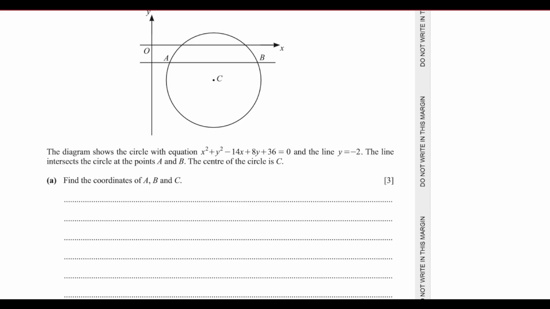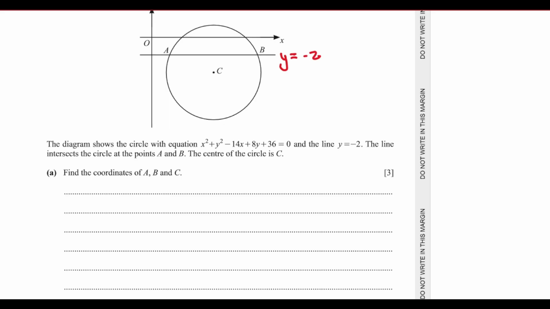The line intersects the circle at the points A and B, and the center of the circle is C. Okay, that's important. Let's also fill in that y is equals to -2. And we need to find the coordinates of A, B, and C.